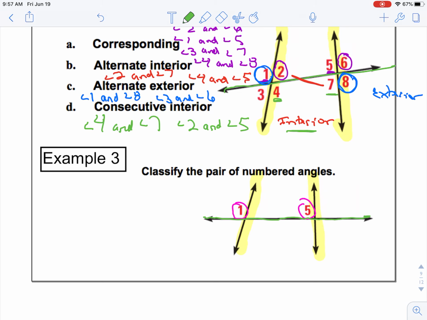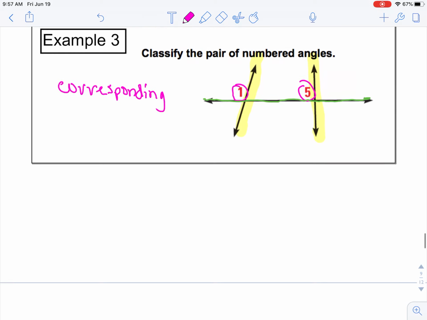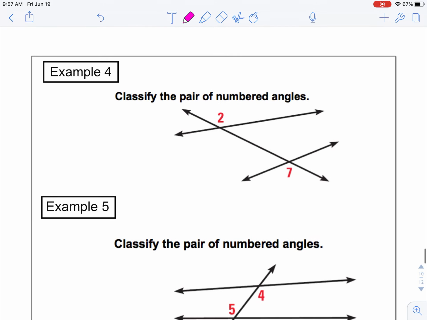They're not alternating across the transversal, so they're not alternate interior or exterior. They are not both on the interior, so they're not consecutive interior. What they are is in the same position. So these are corresponding angles.